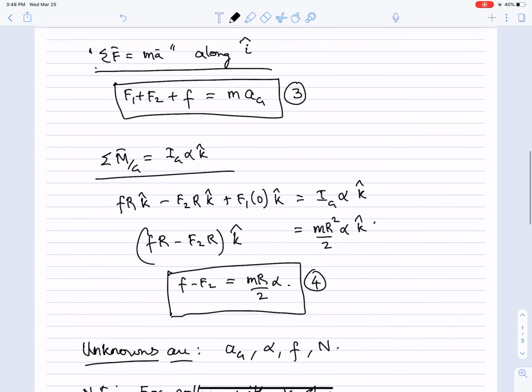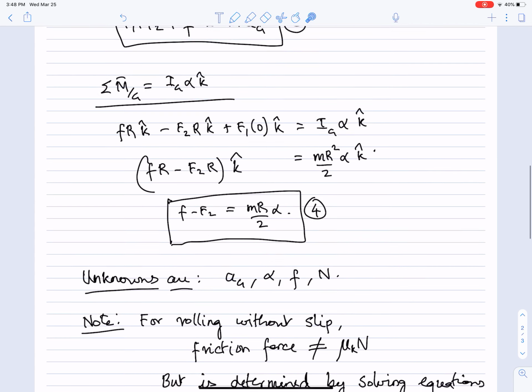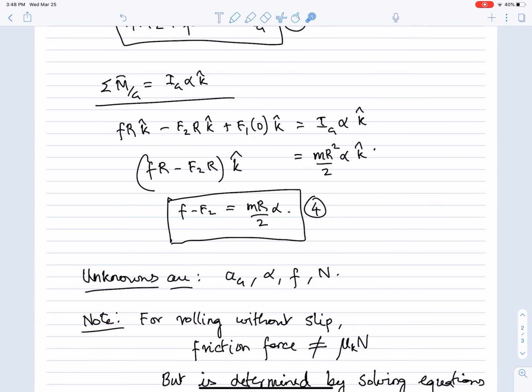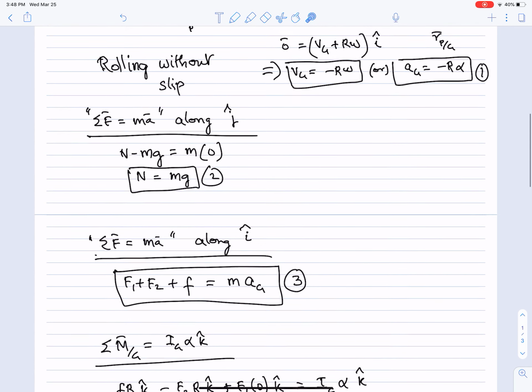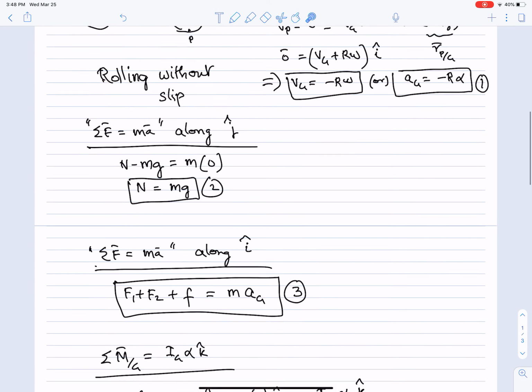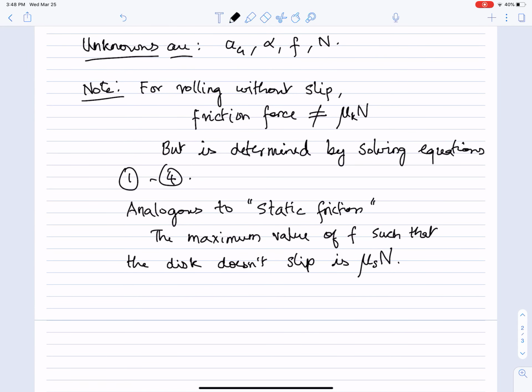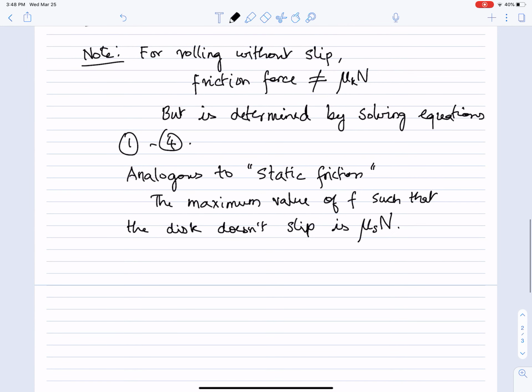So that's pretty straightforward. Let's use equation 1 in equation 4. Equation 4 has an R alpha. Equation 1 has an R alpha. Let's plug in R alpha equals minus Ag in equation 4. So we use 1 in 4.